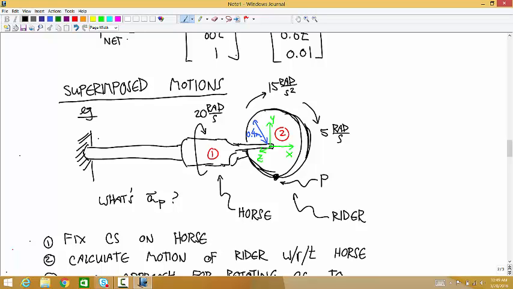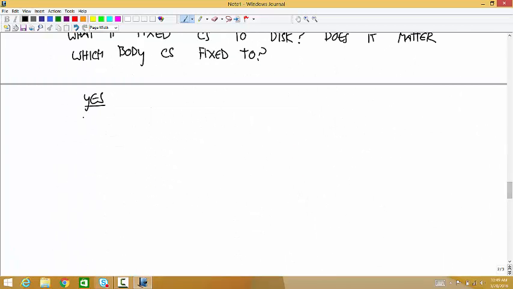And you can do that as many times as you need to, but in this class you'll never need to do it more than once. Okay. The coordinate system always should be fixed to the horse. Okay, that's all.